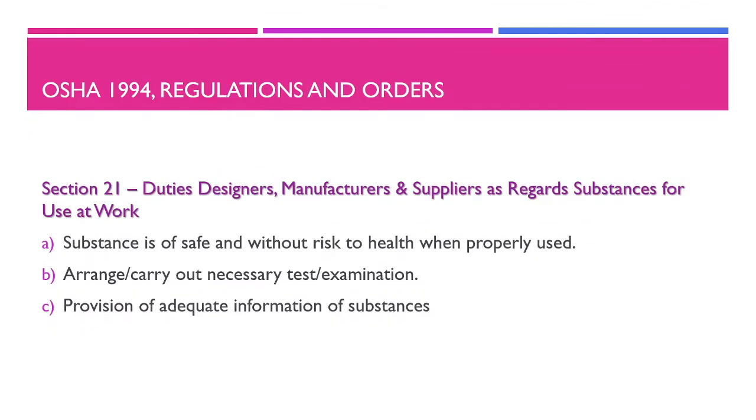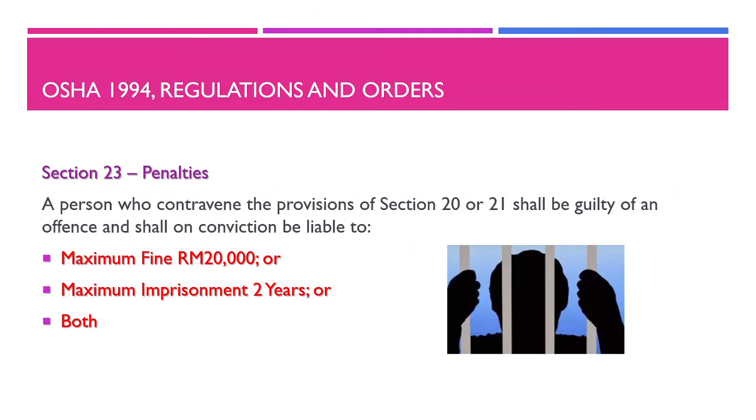Section 21 is also the duty of the designer, manufacturer, and supplier to arrange or carry out necessary tests or examinations and to provide information on the substances used at the working place. Section 23 is the penalty if the employer breaks Sections 20 and 21.